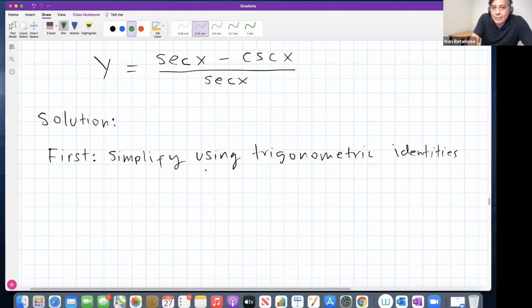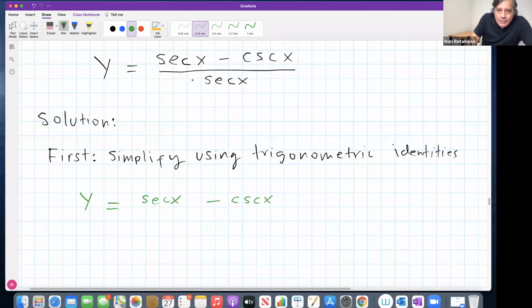It says first, simplify using trigonometric identities. So I'm going to see if I can simplify this using trigonometric identities that we learned in pre-calculus. Y equals secant of x minus cosecant of x here, all divided by this.